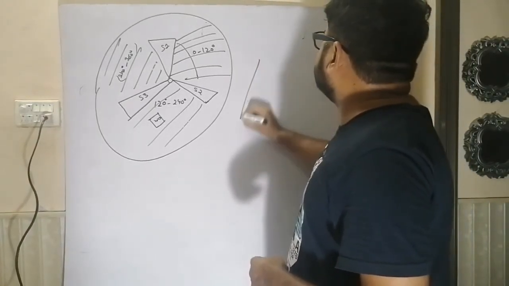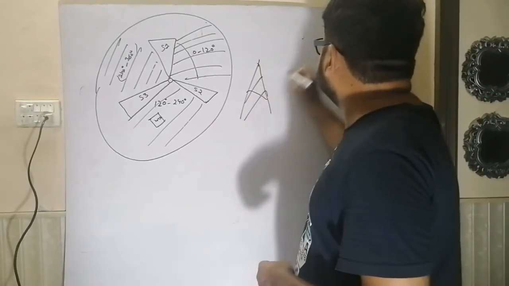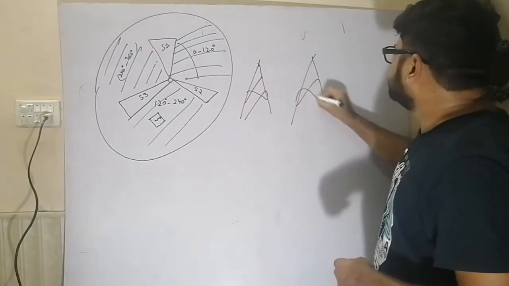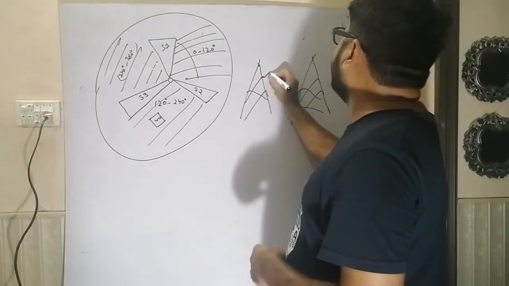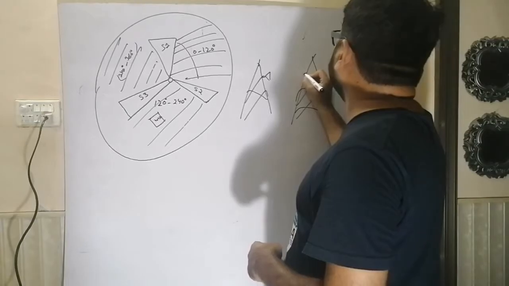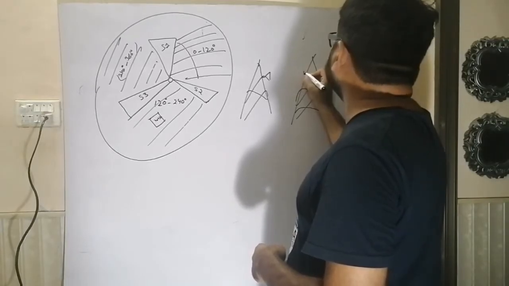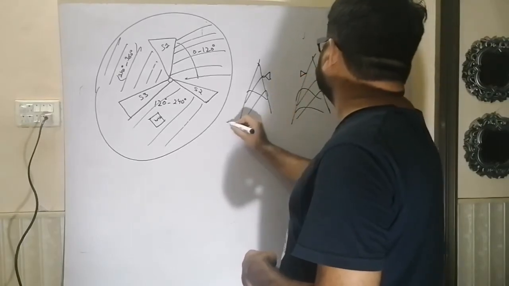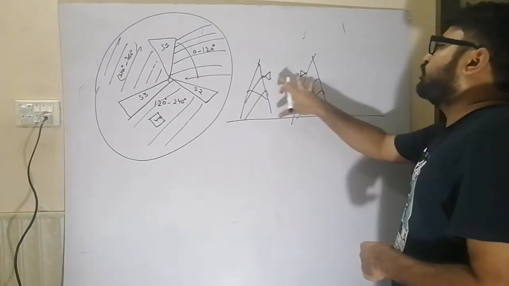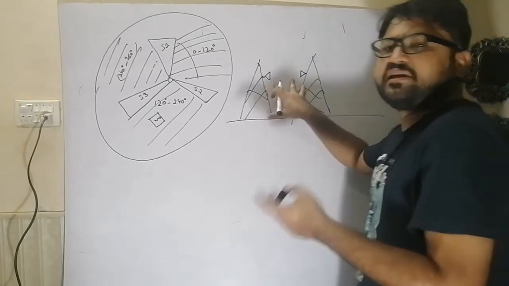From site 1 to the second, we have microwave antennas in front of each other. Both microwave antennas must be in the same direction.